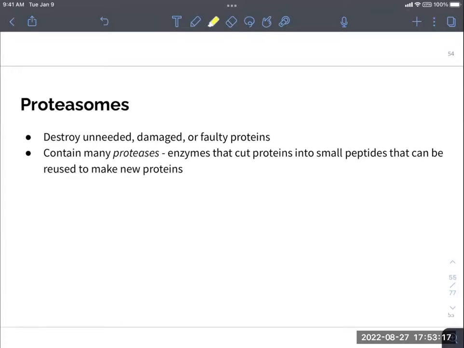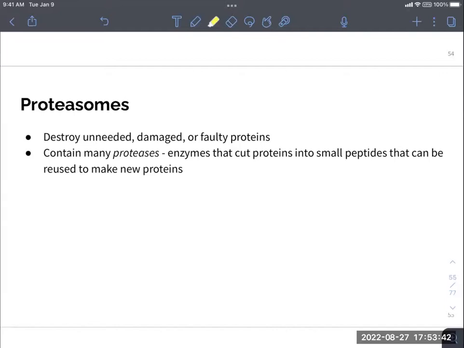If we have a damaged protein, that's not good. Damaged or faulty proteins can create problems down the road as they get replicated. So we need to destroy them before they cause problems. So proteasomes destroy those faulty or damaged proteins.